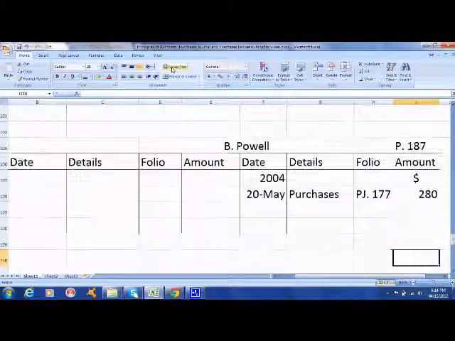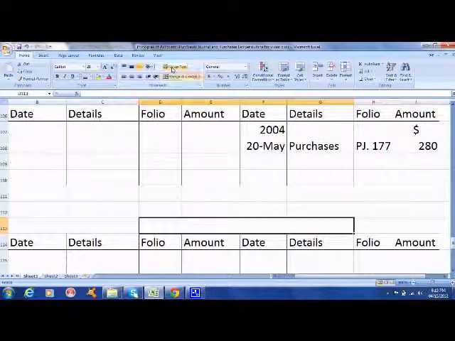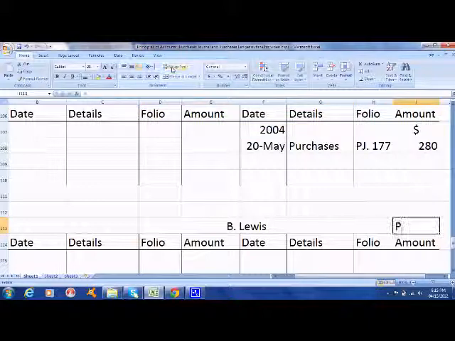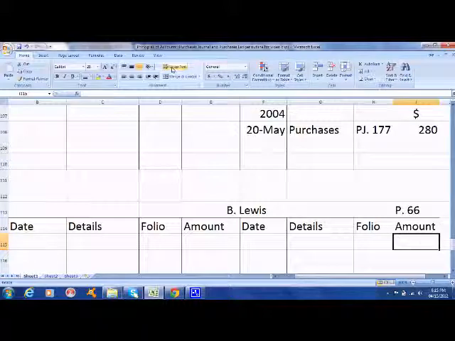So now you go to the last one, Mr. B. Lewis. The page is page 66. And you're going to put a little dollar sign right there.